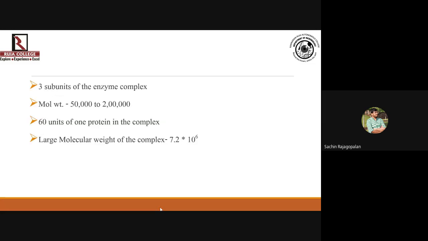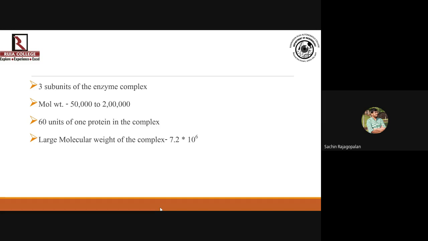So as said, this pyruvate dehydrogenase complex has multiple enzyme subunits associated to it. To be specific, there are three enzyme subunits. Molecular weight is around 50,000 to 2 lakh, and 60 units of one protein or one enzyme are going to be present in the enzyme complex, which means that it may not be one copy of the enzyme.